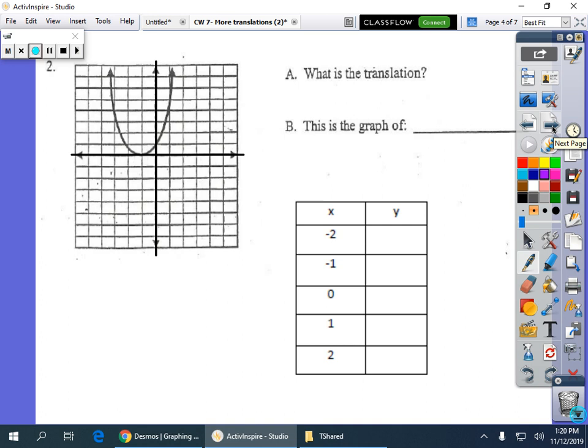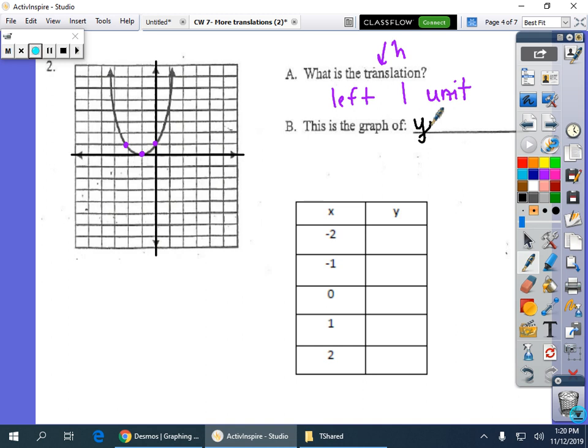Okay, looking at number 2, this vertex from 0, 0 looks like it moved left 1. So it just moved left 1 unit. So left means the x value, and that means that's the h value.